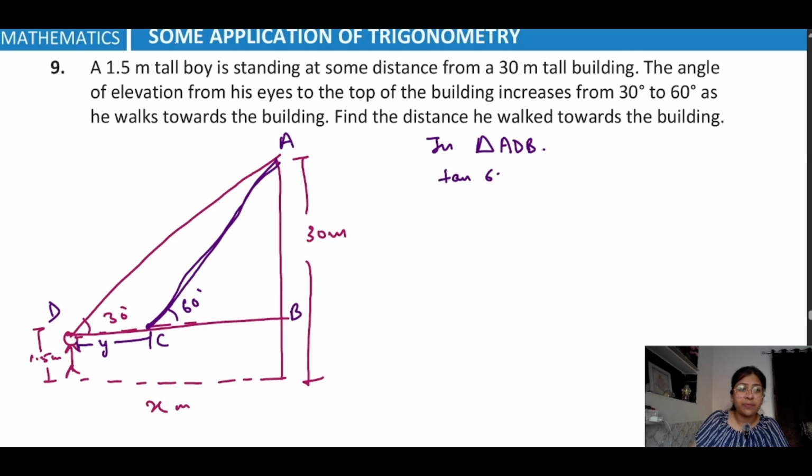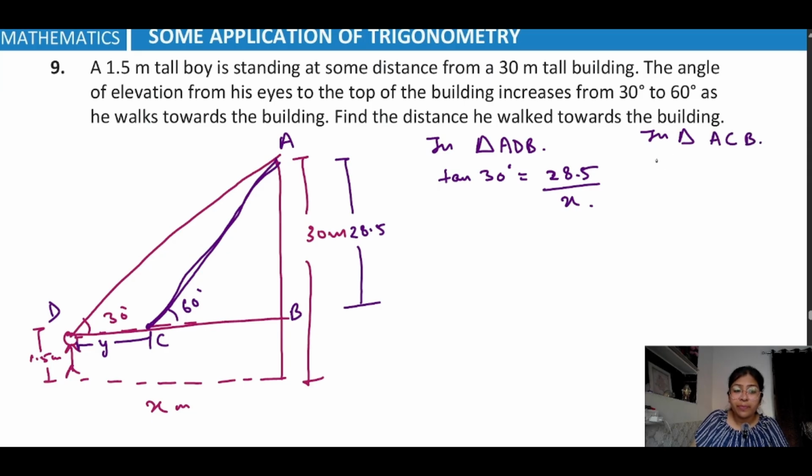In triangle ADB, tan 30 is equals to 30 minus 1.5, because we always see the horizontal level, so it is 28.5, divided by x. Similarly, in triangle ACP, tan 60 is equals to 28.5 divided by x minus y.